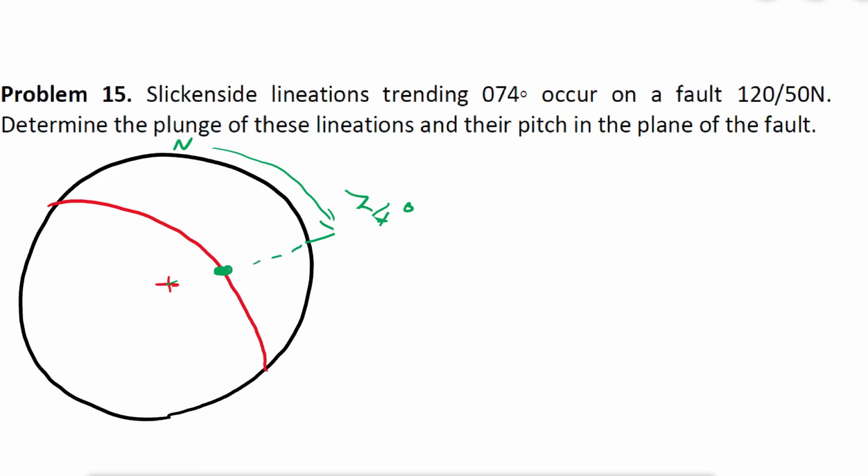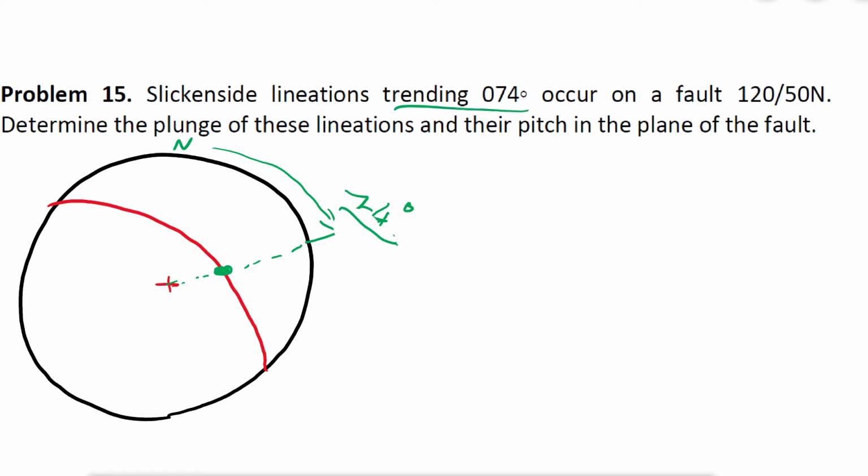So I'll put the dash line here. Now I have the intersection of the linear feature and the planar feature as a point, and you can read the trend and plunge. The trend is 74, we have it. It's the same thing here.